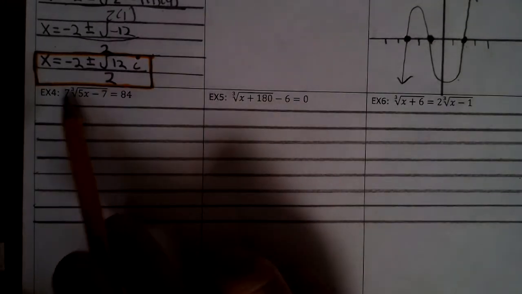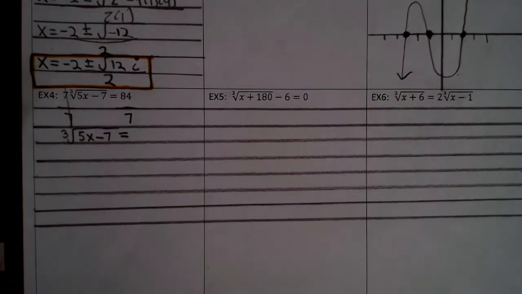Anything divided by itself is 1, so you have the cube root of 5x minus 7 equals 84 divided by 7 is 12. Then you're going to cube both sides.